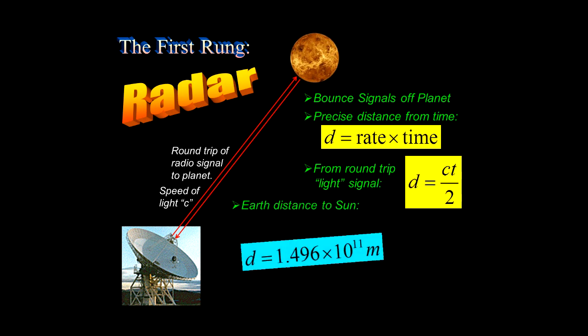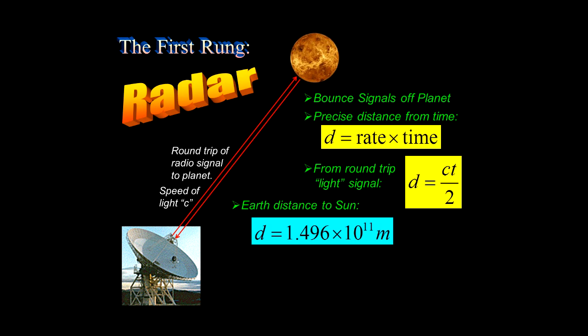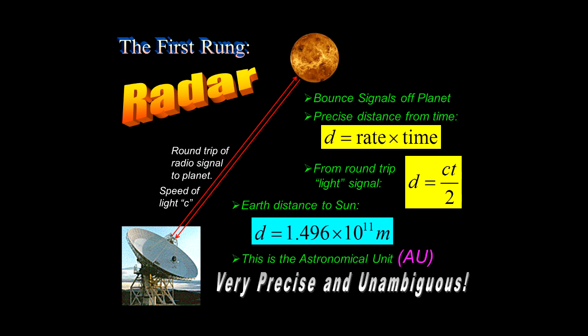From this, the Earth to Sun distance has been very precisely and accurately measured to be 1.496 times 10 to the 11 meters, which is 150 billion meters. That's an astronomical unit, and it is very precise, very unambiguous.